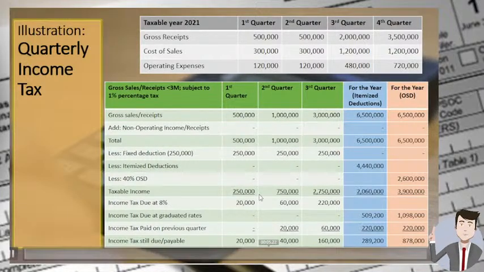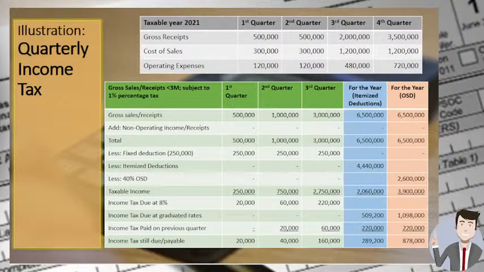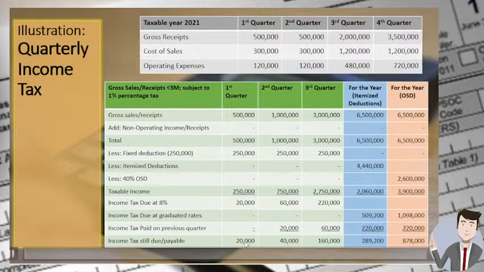Nakabayad na tayo nga advance tax dira sa first and second nga quarter. So natural, we have already paid 20,000 on the first quarter and 40,000 on the second quarter. So all in all, that is 60,000. So 60,000 na ang nabayad naton from our income tax due nga 220. In short, we are going to pay 160 at the end of the third quarter.